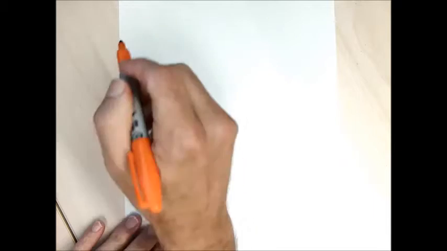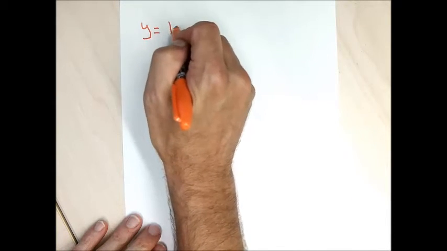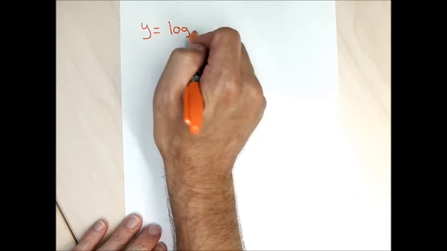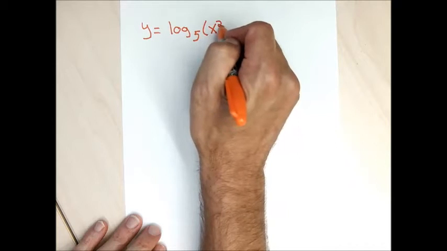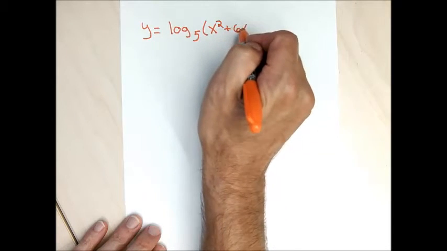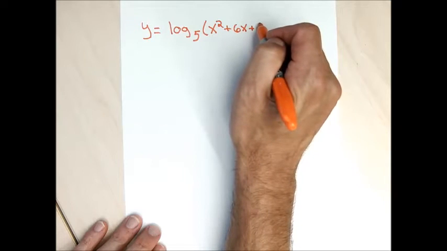Logarithm derivatives are fairly easy. They're in some sense surprising because the derivative of a logarithm doesn't have a log in it. But if I give you just a generic function, y equals the log base 5 of x squared plus 6x plus 3.